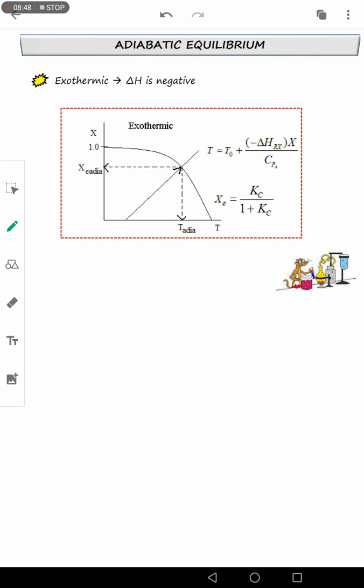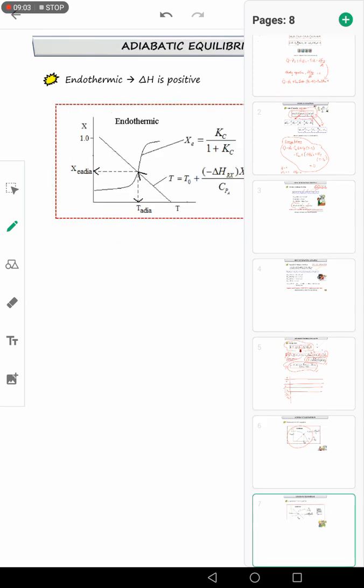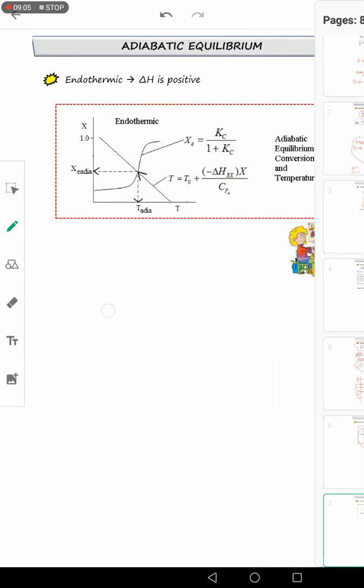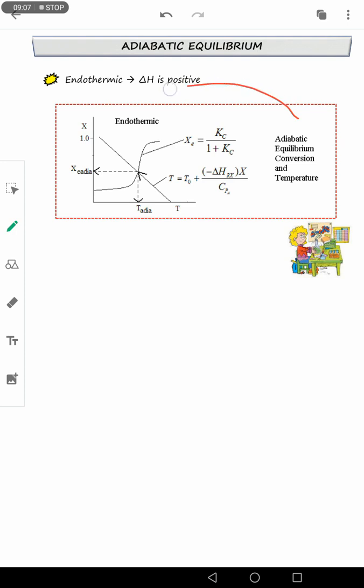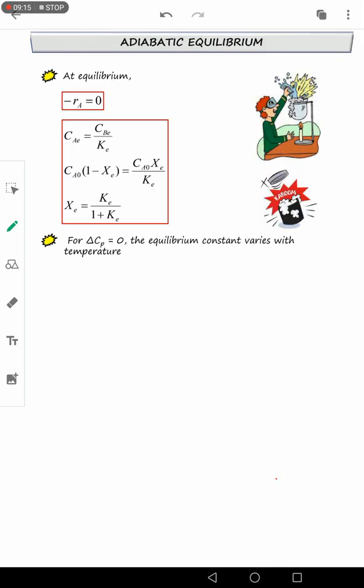Okay. So kalau reaction tu adalah exothermic, so graph yang you akan dapat adalah dalam bentuk ini. So kalau reaction itu adalah endothermic, graph yang you dapat adalah dalam bentuk ini. Okay. So yang ini adalah equation equilibrium reversible actually.